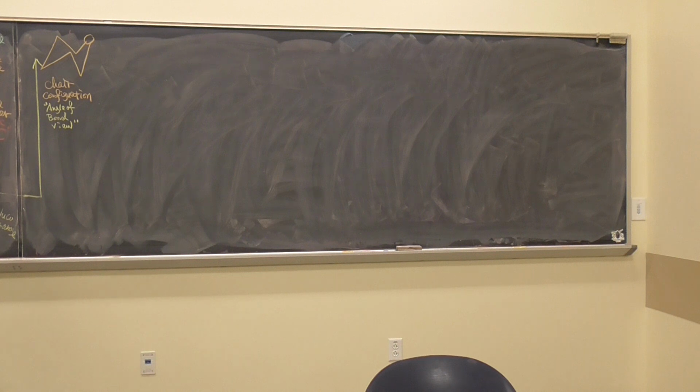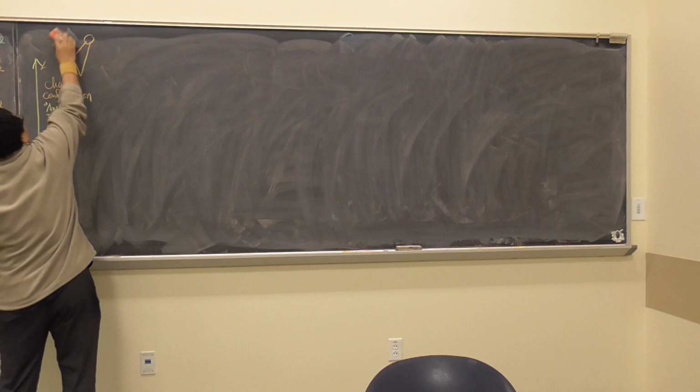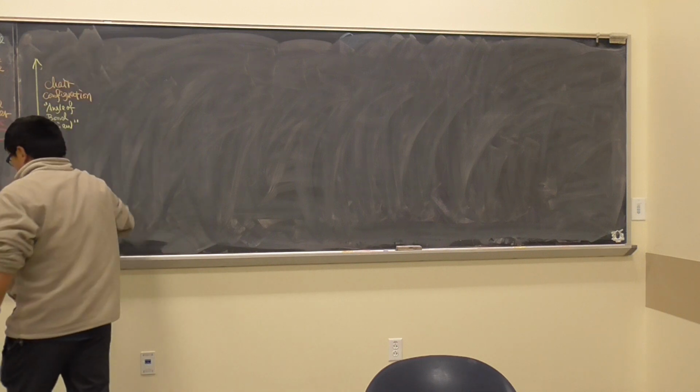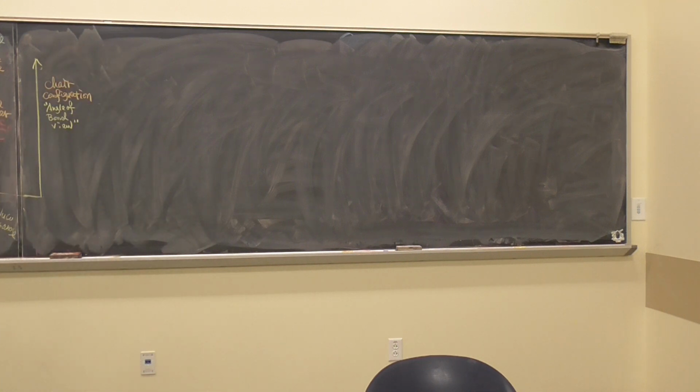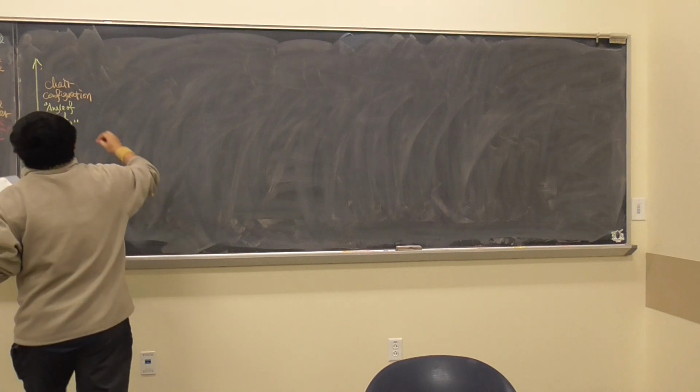Okay, now let's redraw it. I need to look at my notebook. This one I didn't draw very well all the time. Let's just redraw it because we're going to explain this to you. So let's draw it.